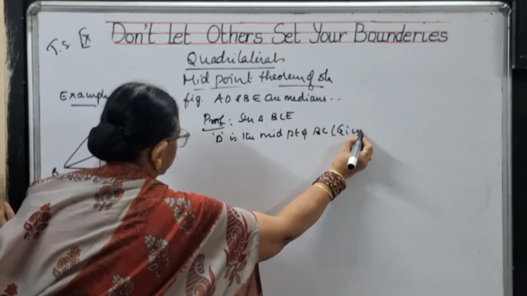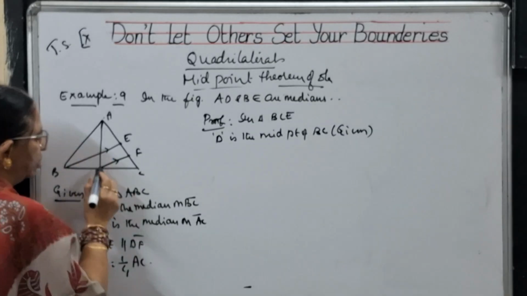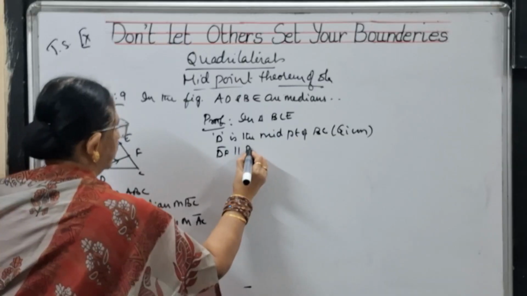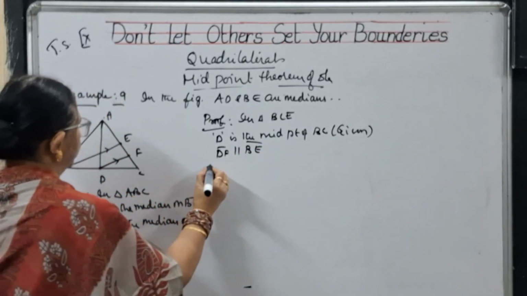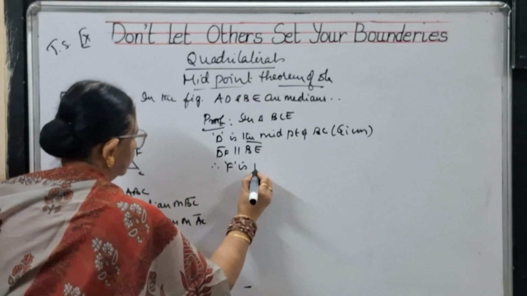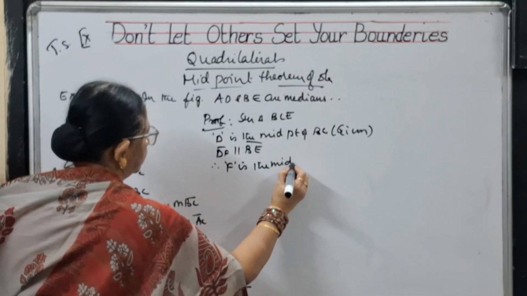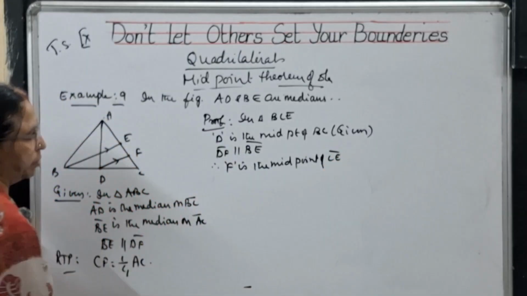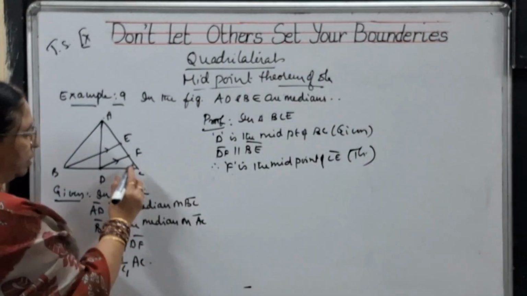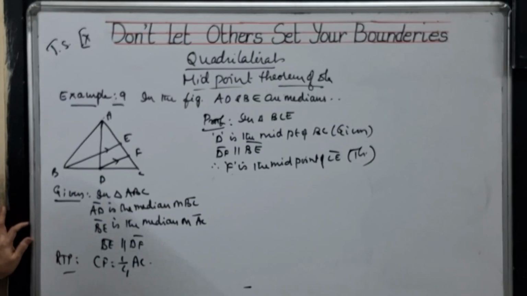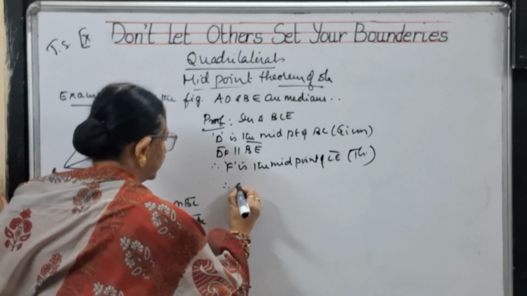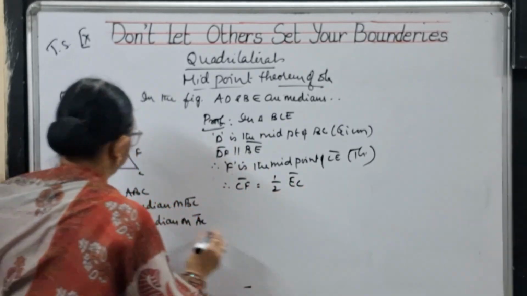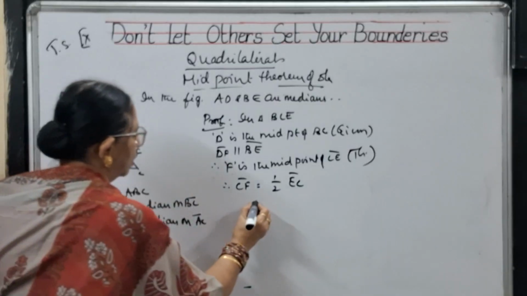This is given to us. AD is the median means D is the midpoint of BC. And DF is drawn parallel to BE. Therefore, we can say that F is the midpoint of CE. Now, when F is the midpoint of CE, that means what? Therefore, CF is equal to half of EC.